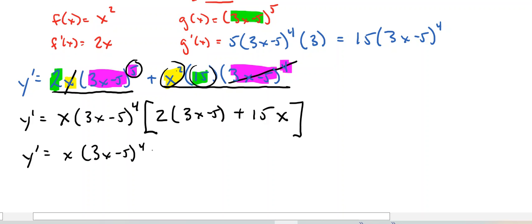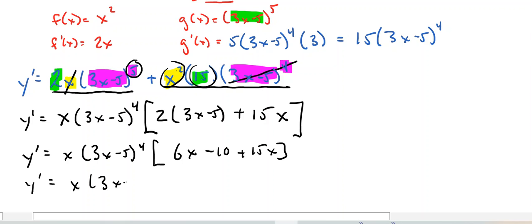So this would become 6x, this is minus 10, plus 15x, and then that can become 6x plus 15x would be 21x minus 10.